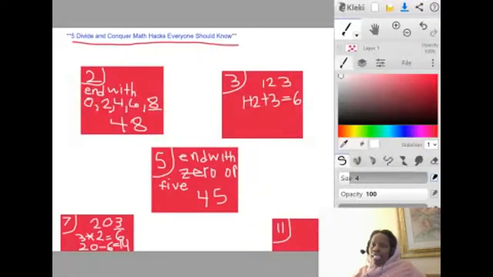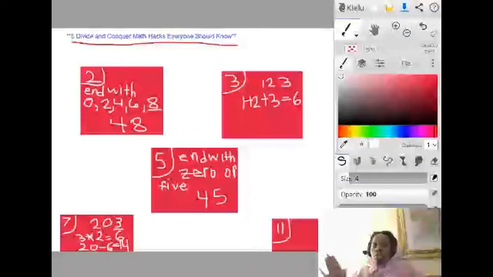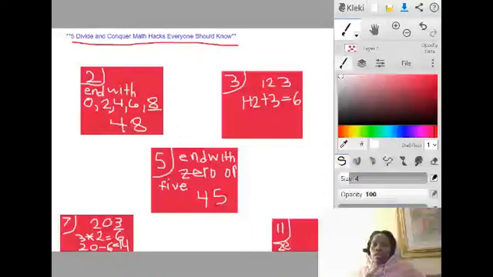Then add the digits in the even positions and subtract the two sums. If the result is 0 or a multiple of 11, then the number is also a multiple of 11.